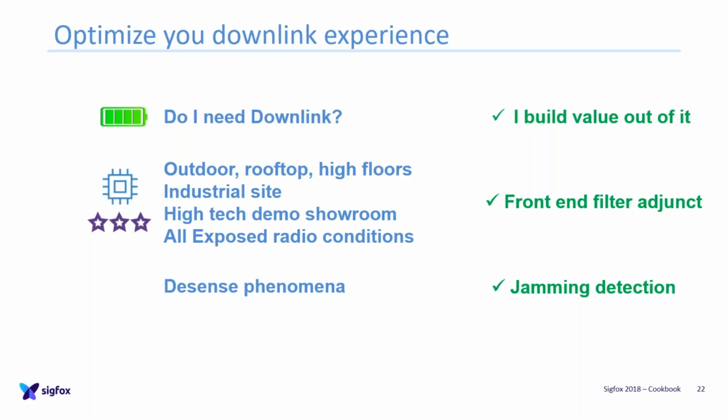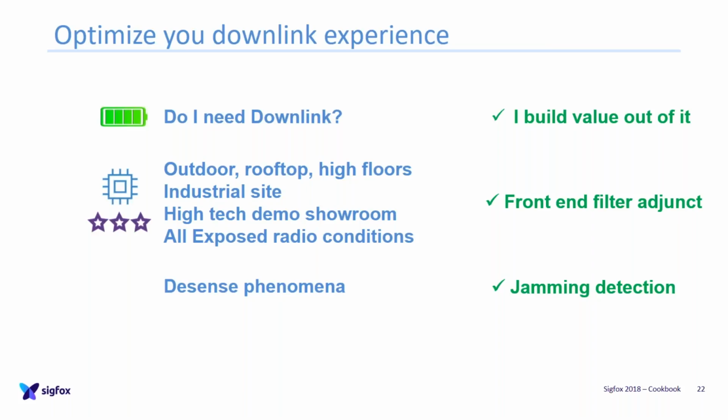Now, just a few more words. What is interesting is that the fact that the receiver in a device is imperfect and might change your own perception of the downlink experience is something you can also use to detect the desense phenomenon. So you can detect the presence of a jammer or a blocker or something not normal in the environment of the device.